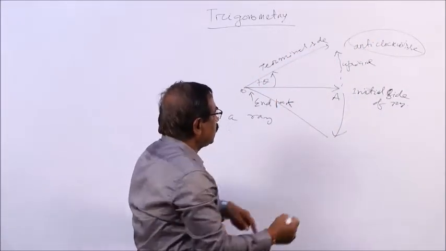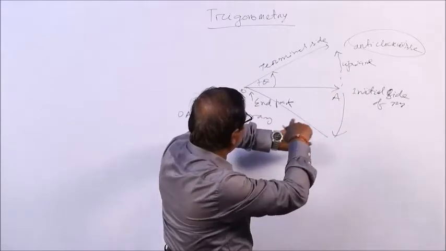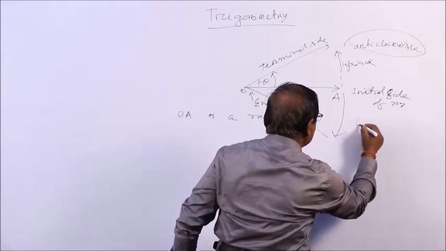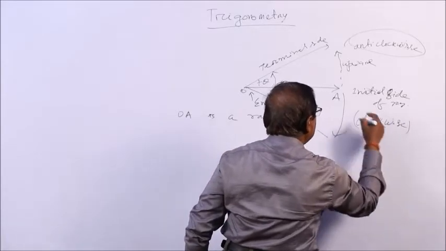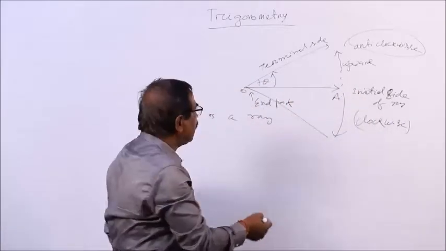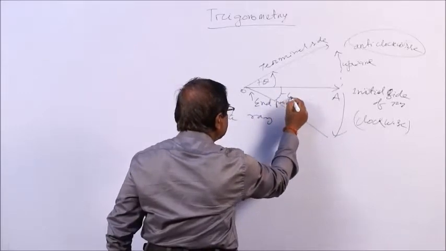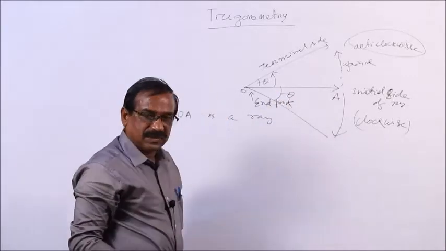When you move clockwise, because our clock moves like this, this is called clockwise, that is, the movement downward, we will get negative angles, right.